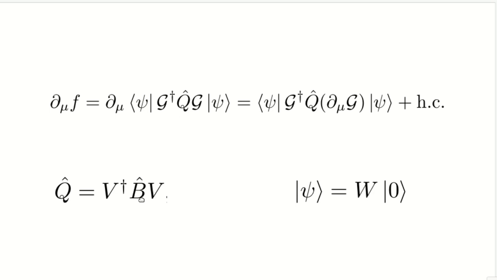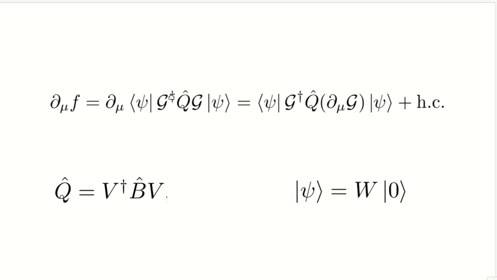These V's and W's don't depend on mu. Now when you take the partial derivative of this function, this will pass through Q, this will pass through W, and it will only act on this single qubit gate, the single parameter gate G.